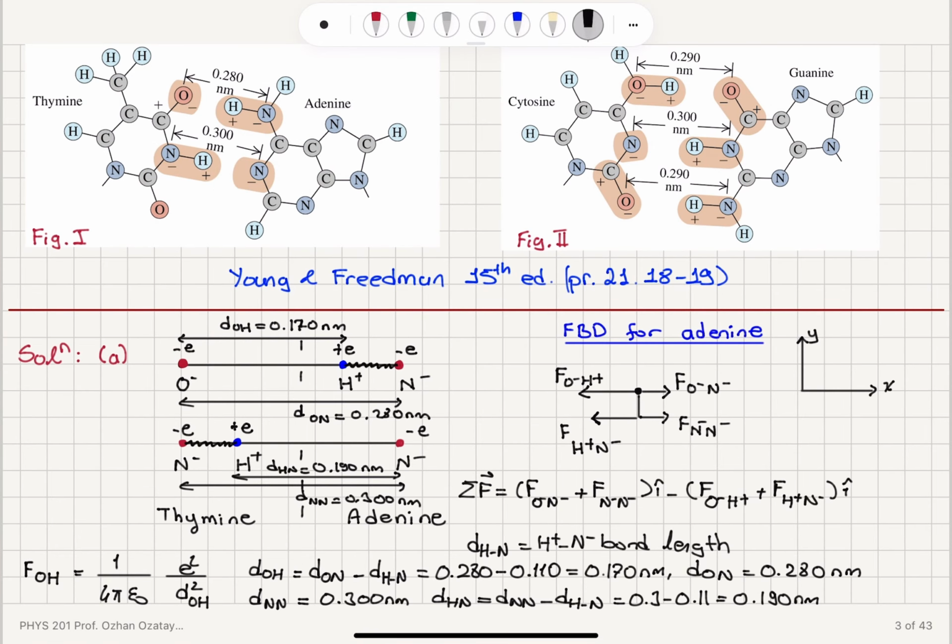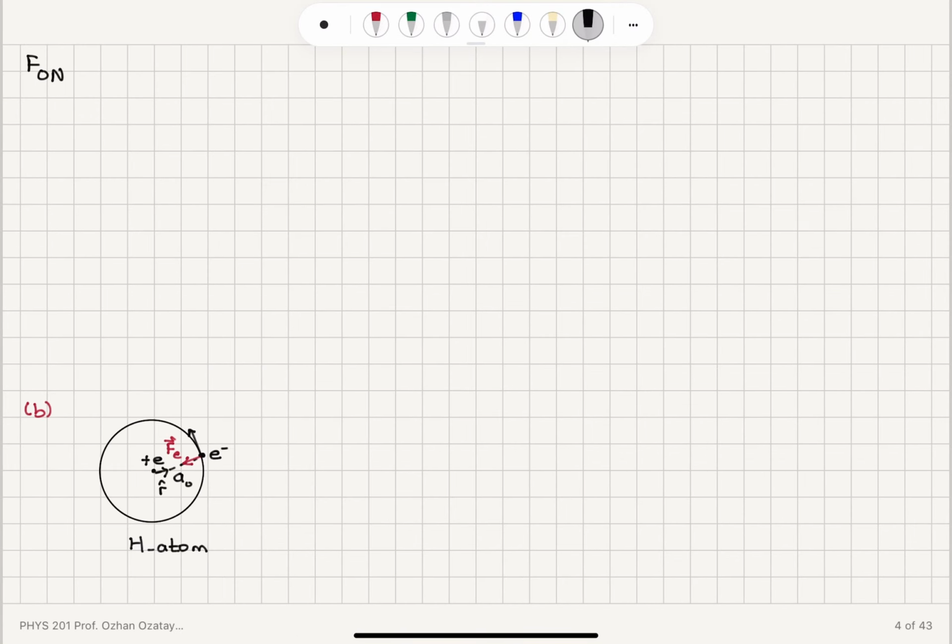That is the force between these two, O minus and N minus. And that force is 1 over 4 pi epsilon 0 in magnitude, the charge squared, e squared, divided by the distance D_ON squared.